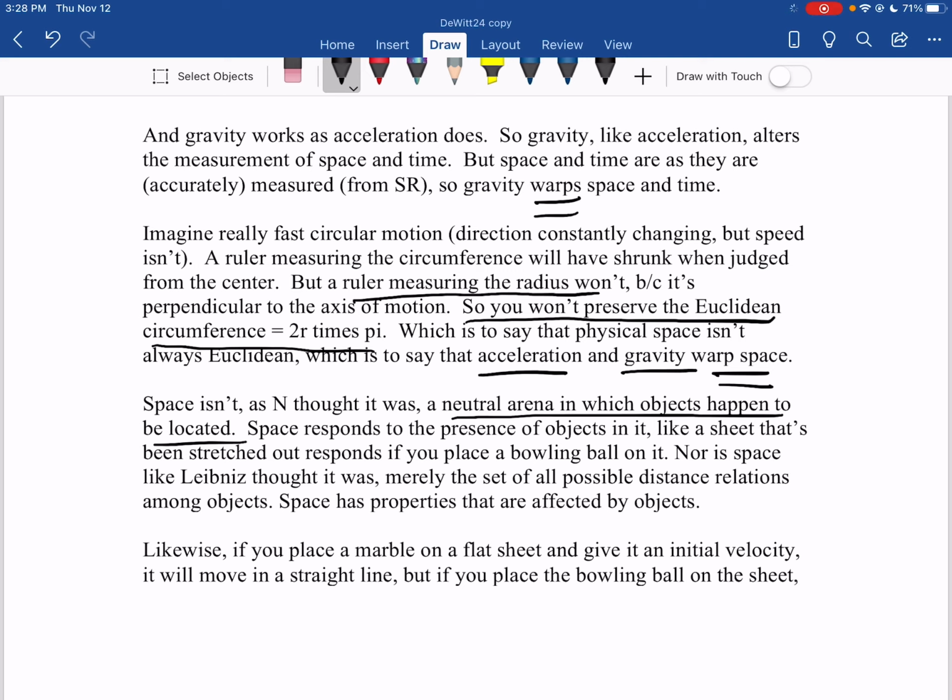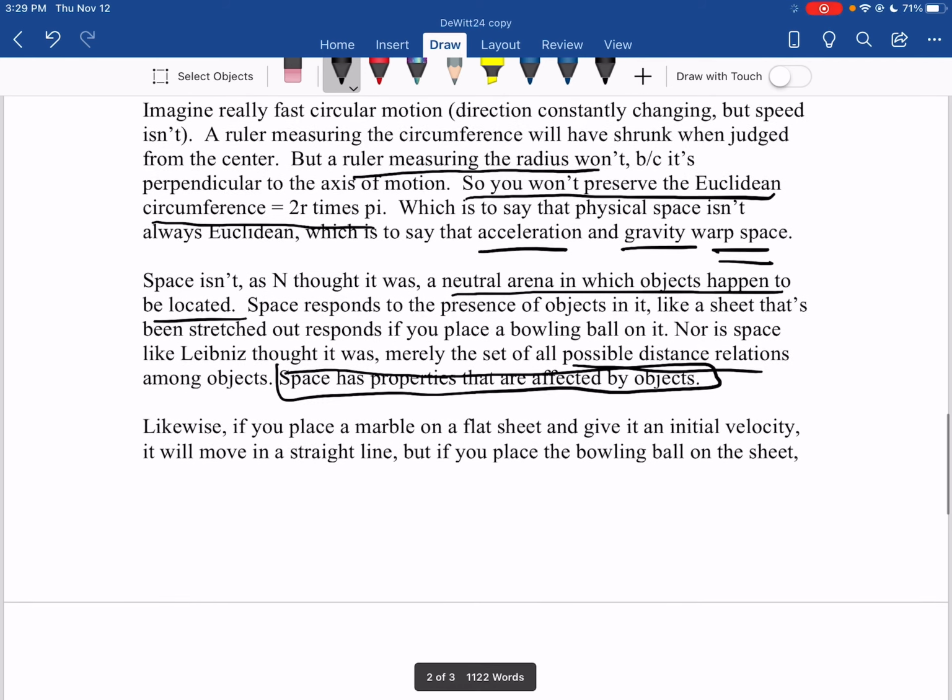So Newton was wrong about space being a neutral arena. Leibniz was wrong about space being nothing but the set of all possible distance relations. Space, causally and physically, interacts with objects, and so it's thingier than Leibniz thought, but it's not the neutral propertyless thing that Newton thought it was.